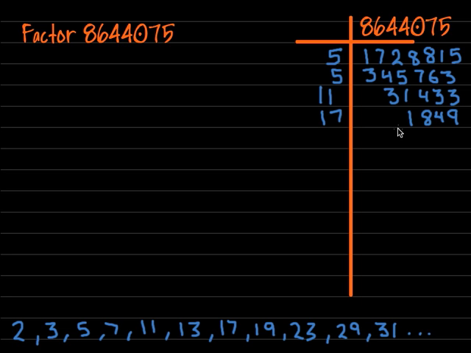Then I try 19, and I try 23, and I try 29, and I try 31, and I have to go all the way up to 43 before I find a prime number that goes into 1,849. And it so happens that 43 goes into 1,849 43 times, and 43 is prime. So I'm going to move that over here underneath my other prime factors.